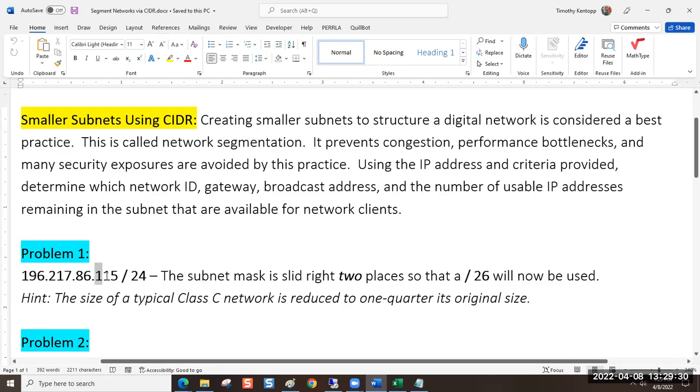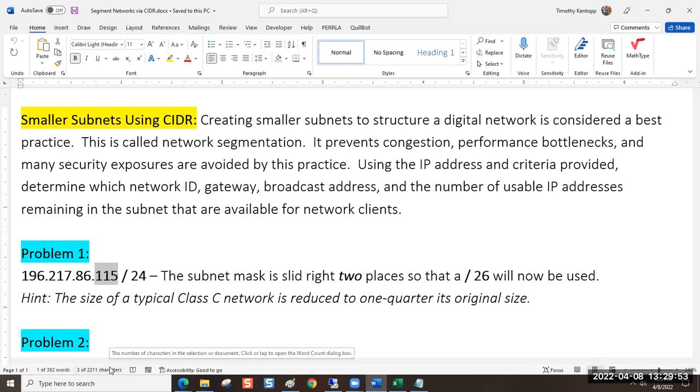We get back to this answer right here. To answer the network where this client is now going to reside, using the IP address and the criteria provided, this is the original client address, 115.